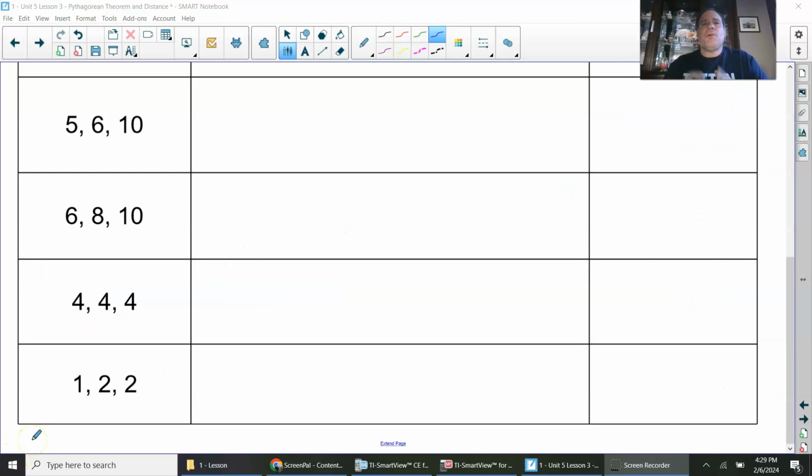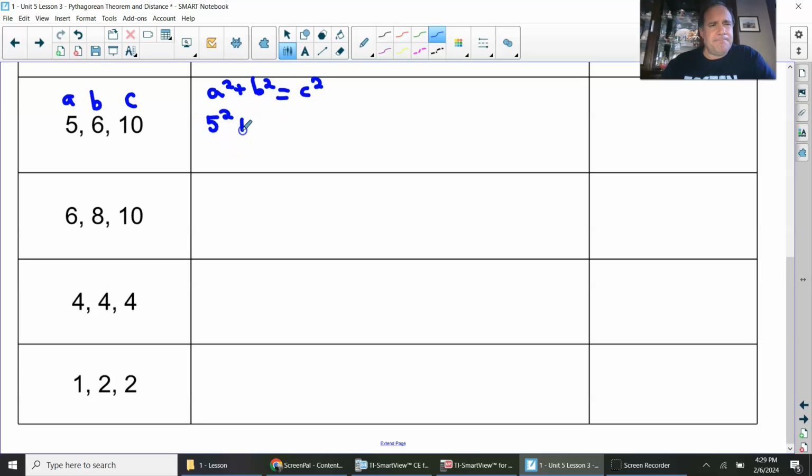I'll do 2 more here, and because they're so quick. So this is my A, this is my B, and the side that is the greatest side is side C. When I write down A squared plus B squared equals C squared, I'm going to substitute the numbers in, always checking that C is in the right location.